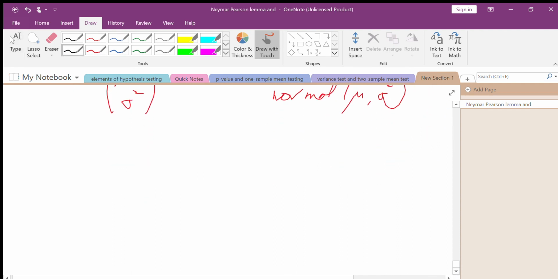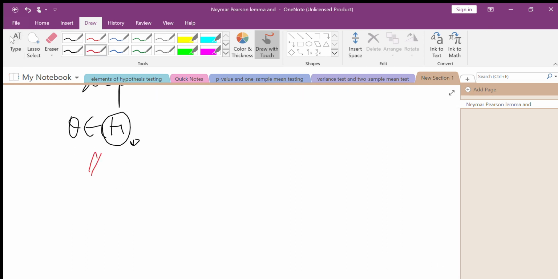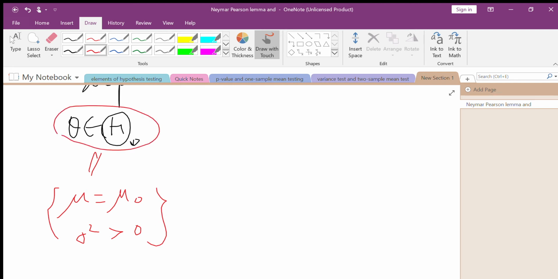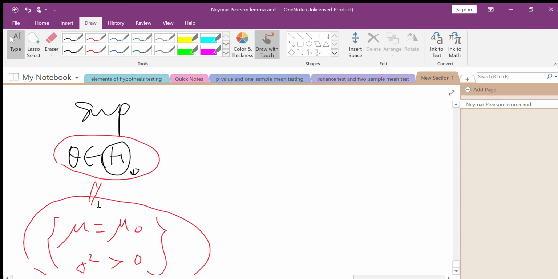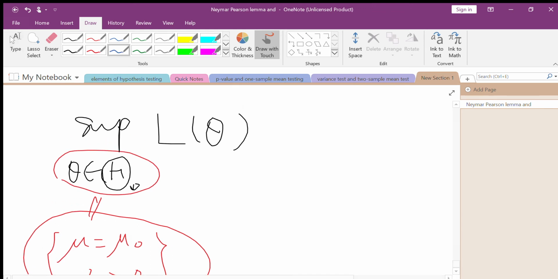So you know how to find the sup over theta from theta 0. Let's write it explicitly. What is theta in theta 0? That means mu equals mu 0, sigma squared greater than 0. We need to find the maximum over this parameter space of the likelihood function L(theta). Let me tell you the result; you can do it by yourself after class. The result is the likelihood evaluated at mu equals mu 0, because there's only one choice for mu.